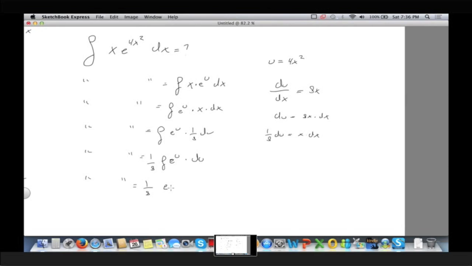Antiderivative of e to the u. All right, I have to write this.